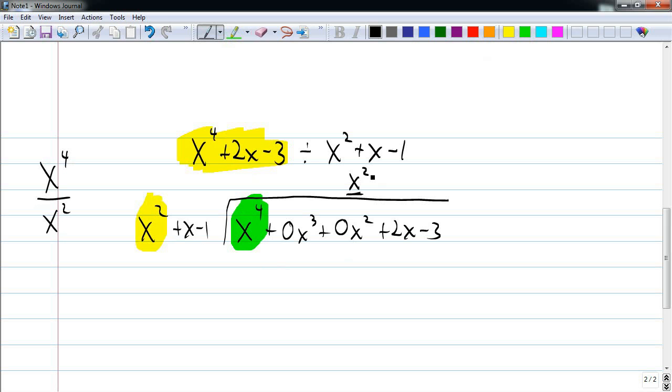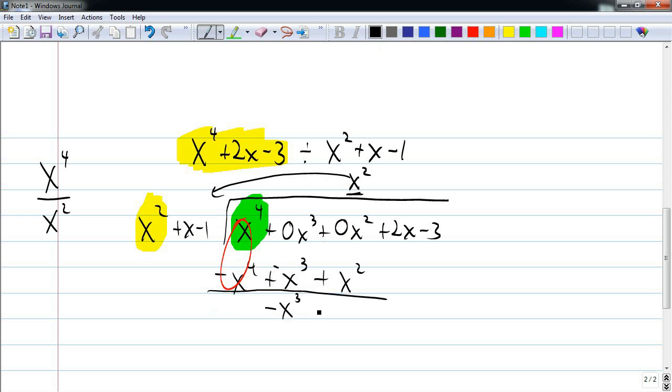I then distribute that over the divisor. x squared times x squared is x to the 4th. x squared times x is x to the 3rd. x squared times negative 1 is minus x squared. I subtract, aka switch signs and add. These two terms zero out, which is what I expect. I get negative x to the 3rd plus x squared, and then I drop down the next term, plus 2x.